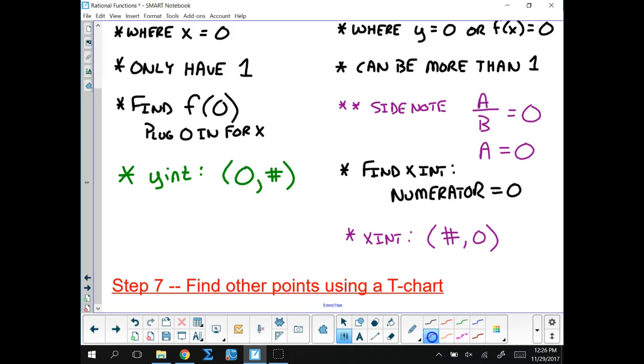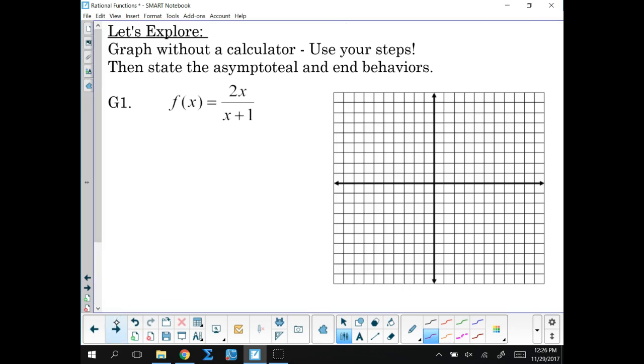Okay? So step 7 says you're going to find other points on your graph using a T-chart. And I'll show you what I mean by that when we graph. I specifically designed this graphing paper for this unit so that you have space to work and space to graph.